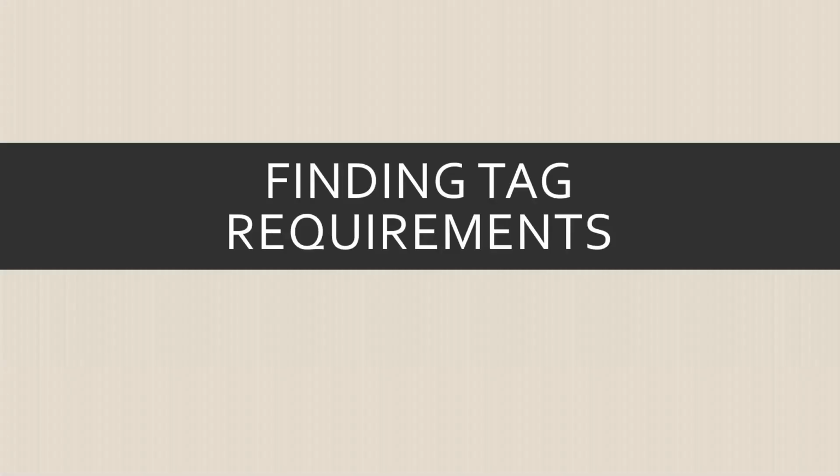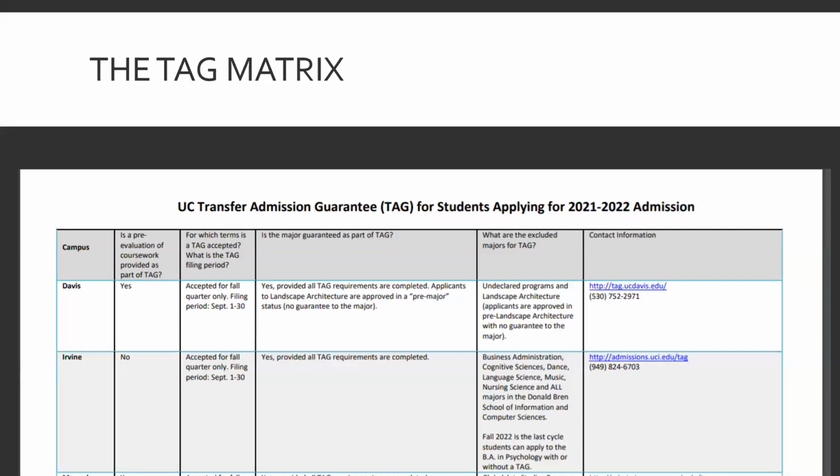Since TAG requirements are a little different everywhere, how do you find those requirements? One great resource is something called the TAG matrix, and this is easily searchable on Google. I would just Google UC TAG matrix. It's also on the admission website for University of California.